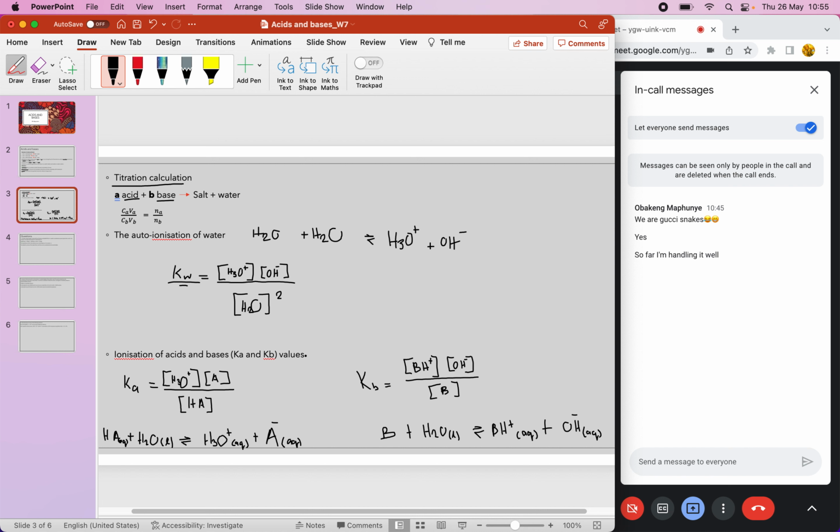The ionization constant of an acid is an equilibrium constant. It just has a name, so you can call this the equilibrium constant of the acid, and you can call this the equilibrium constant of the base.